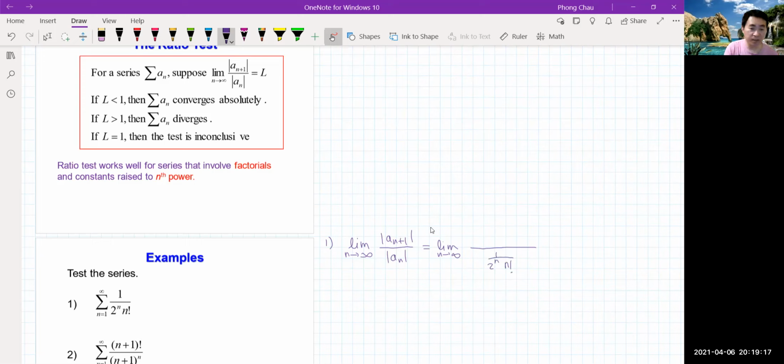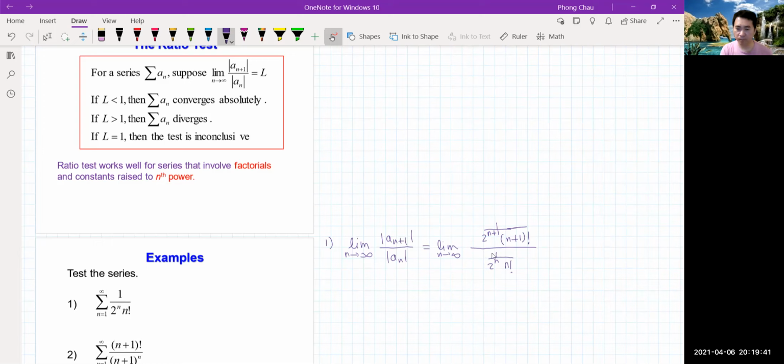The denominator is a sub n plus 1. So you're replacing the n with n plus 1, and we have 1 over 2 to the n plus 1 times n plus 1 factorial.